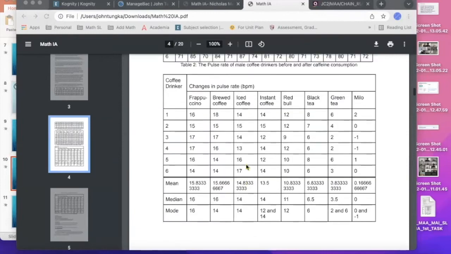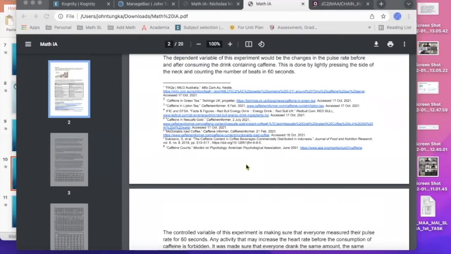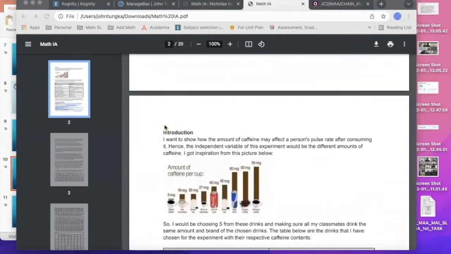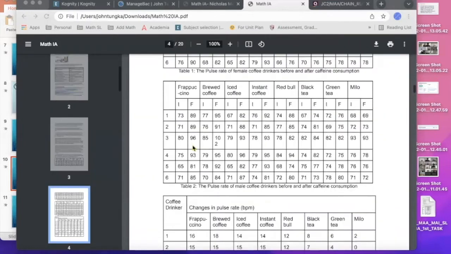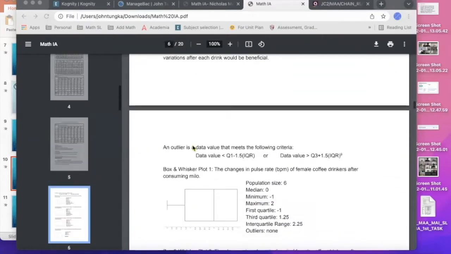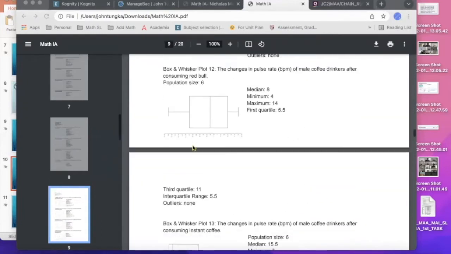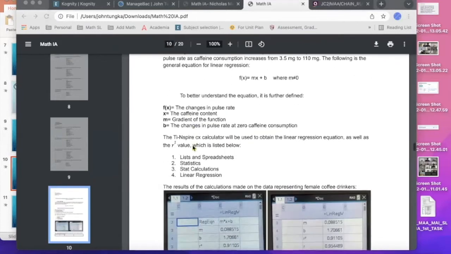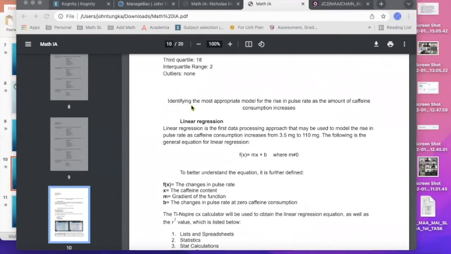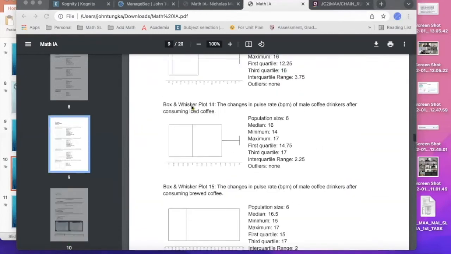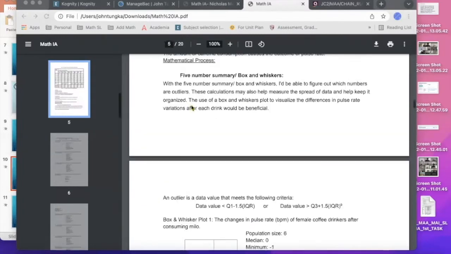There's no subheading that divides your intro and your main content, because here the subheading is introduction, and then it goes on until, where's the next subheading? This is the next subheading, linear regression. So I would suggest that you put a subheading before you go further into the use of mathematical process.